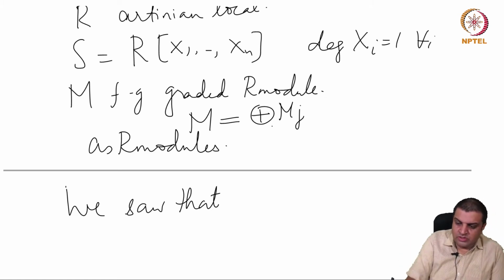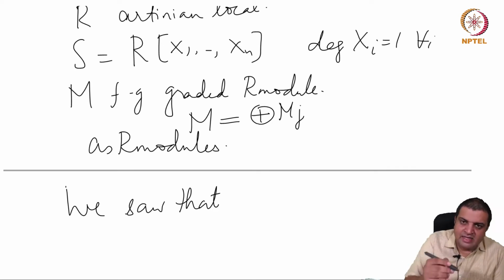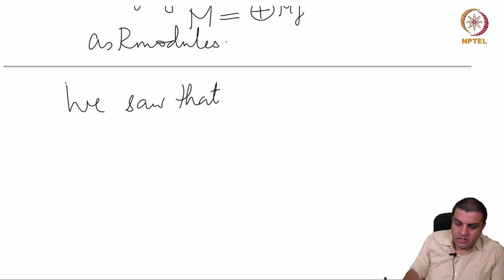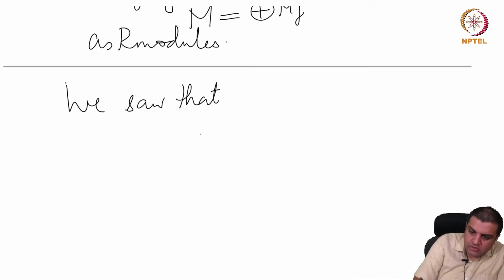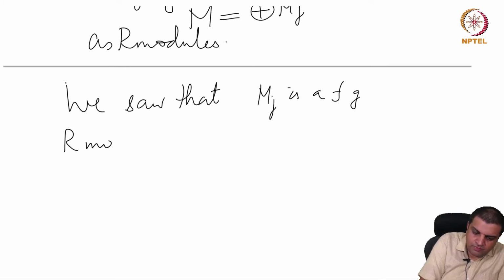Notice that this decomposition is as R modules. Similarly, S is the direct sum of S_j as R modules. Okay, so we saw that M_j is a finitely generated R module for all j.